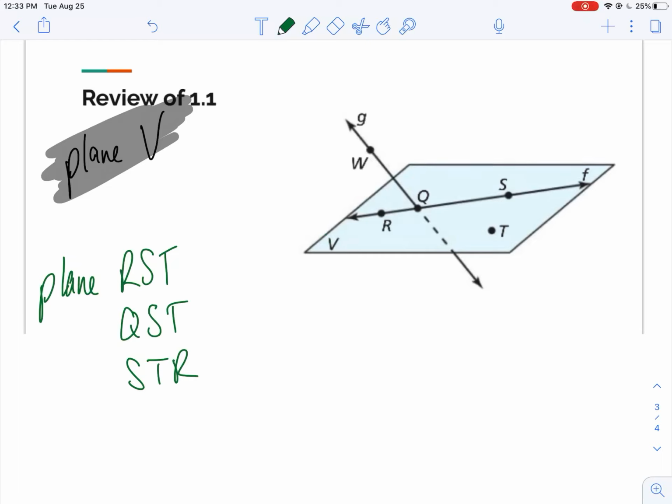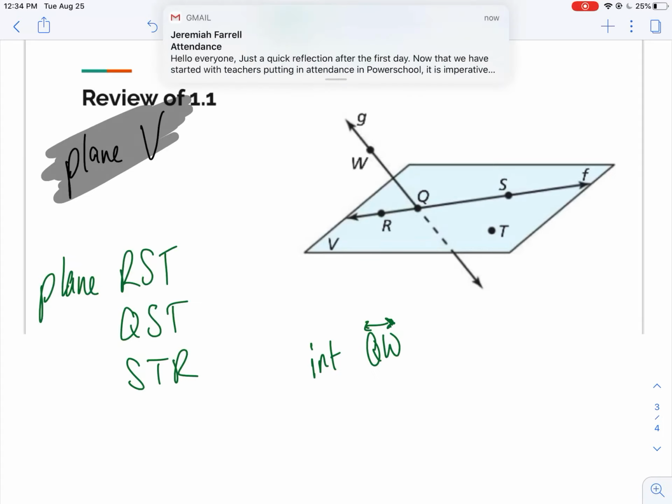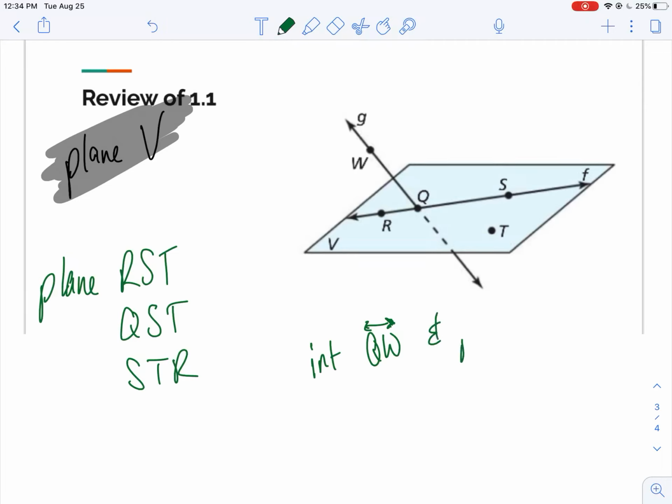So don't use those. And if I'm looking for the intersection of this line right here, line WQ or QW, and my plane, then I'm going to look for where this line goes from solid to dashed.